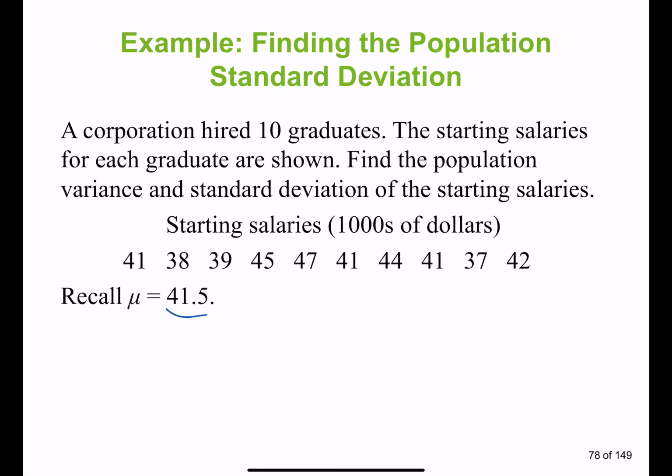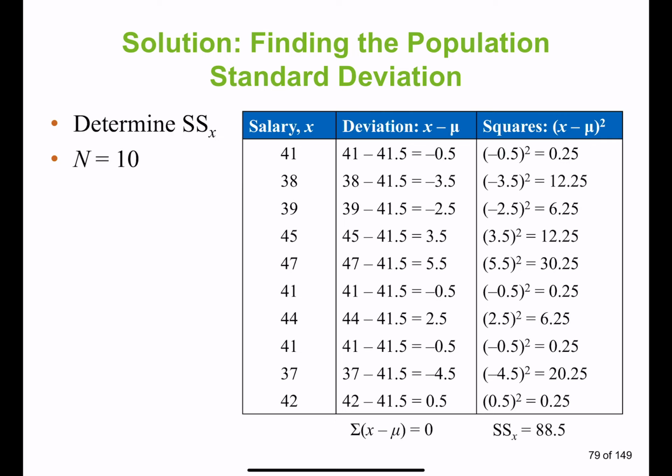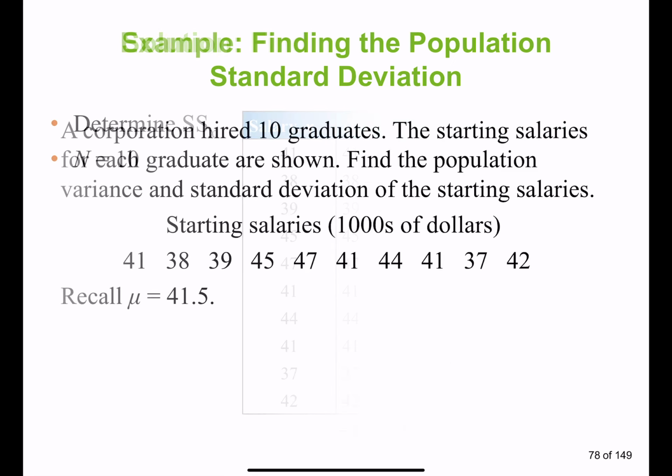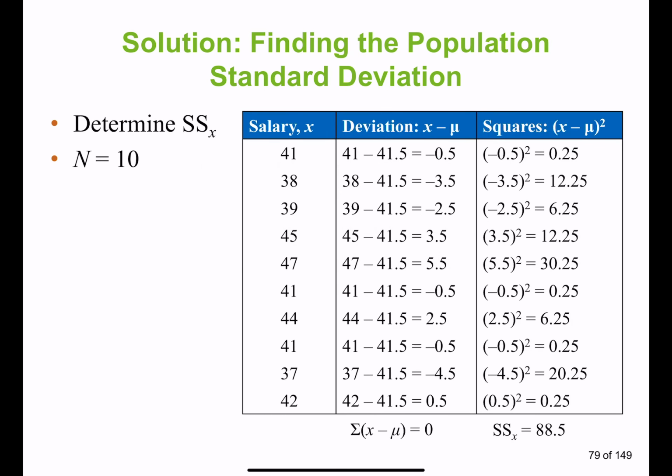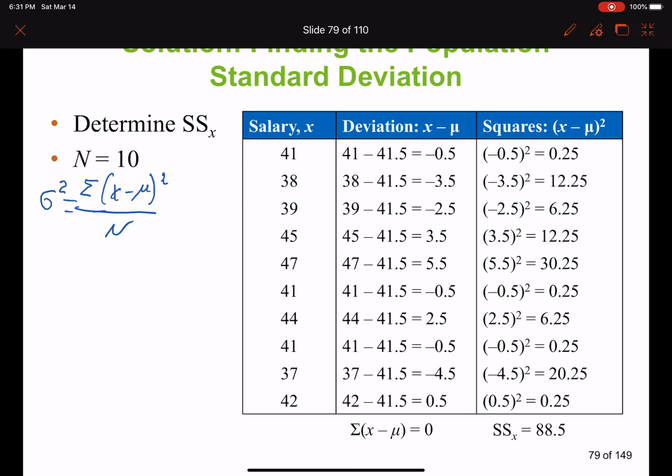So let's find the population variance and standard deviation of the starting salaries. Let me rewrite the formula here. Sum of x minus mu squared over n. That is equal to variance, or sigma squared.